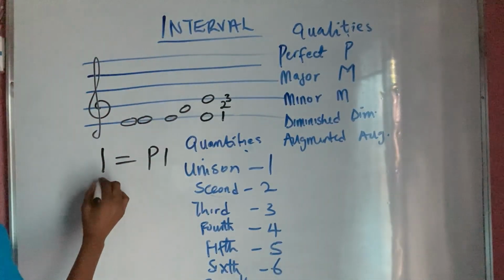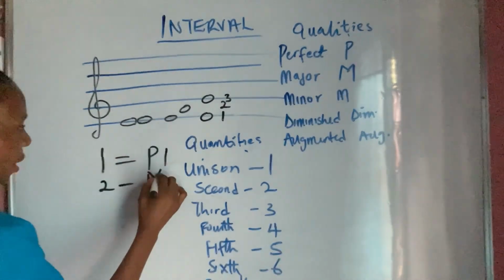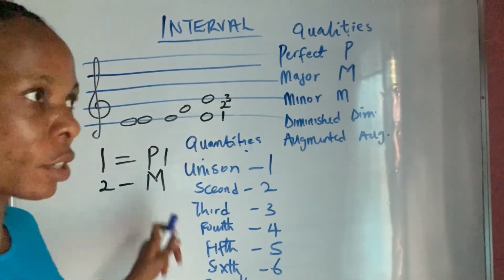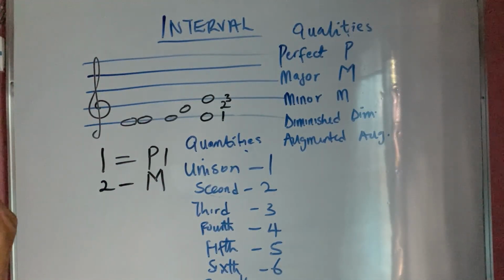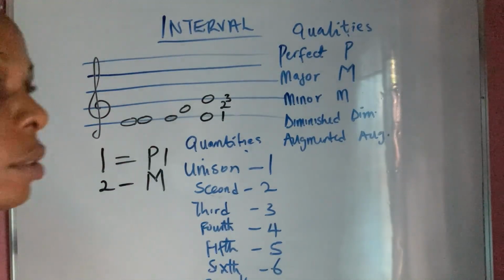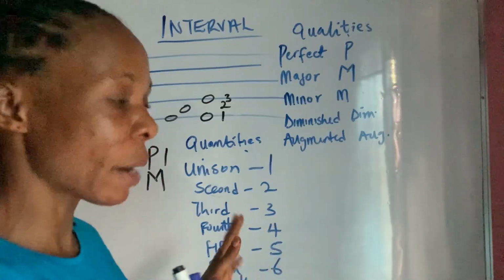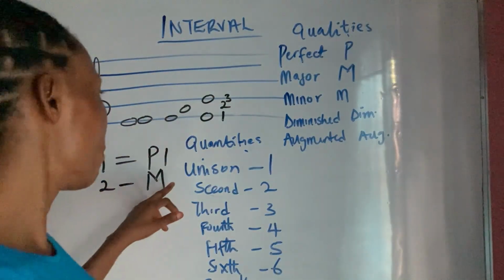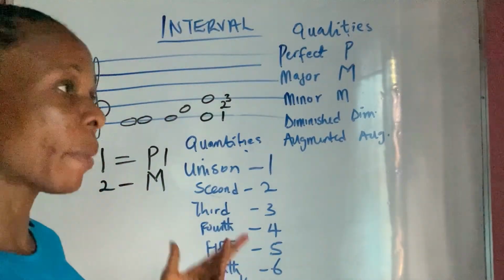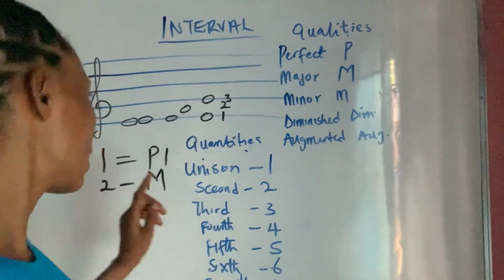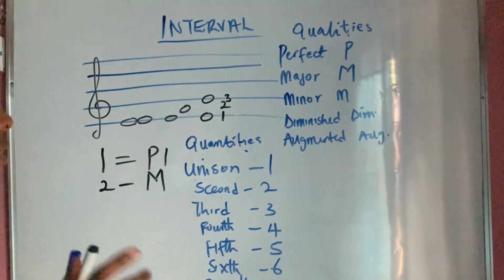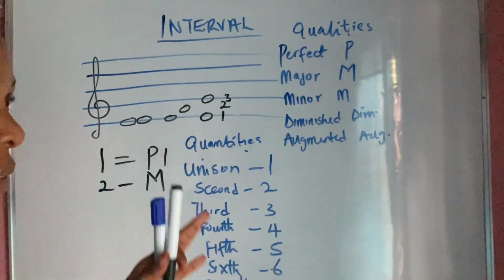Then 2 is considered as major. Please see how I'm putting in major. So any interval of a second is first major, although when reduced, we can have minor inside major, we can have minor, we can have augmented, we can have diminished, but 2 is first major, the interval that is considered to be perfect or major.